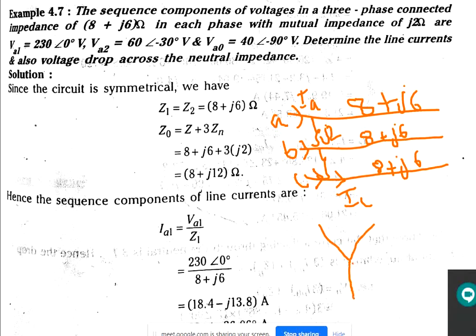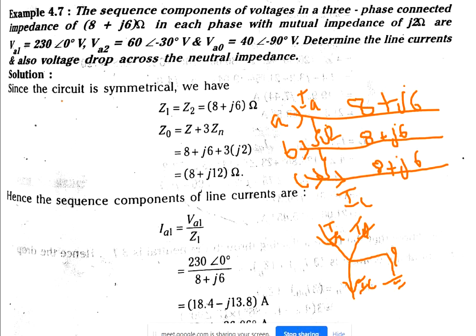If it is connected in star, I need to find the voltage drop in this and the currents in the star connected system, IA, IB and IC.